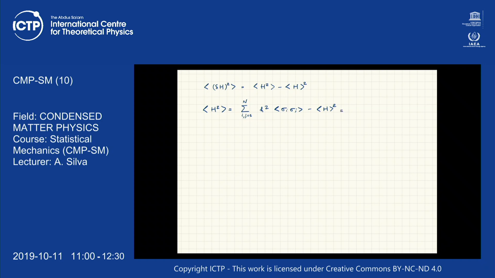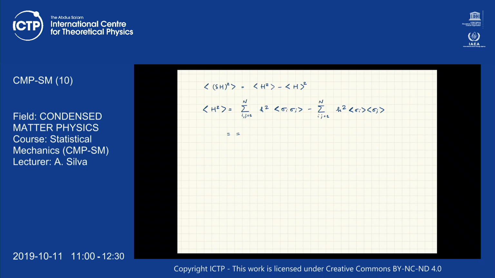Now, this is equal to what? Well, let's write it down explicitly actually. It's equal to sum over i and j from 1 to n of h squared times the average of sigma i sigma j. Okay?